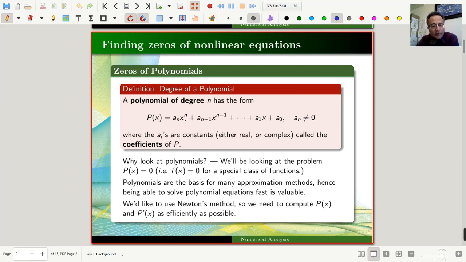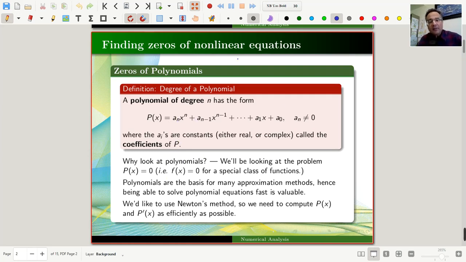This is a polynomial of degree n. All of these a_i are called coefficients of p. What's the problem now? The problem is that we are looking for the zeros of the polynomial.